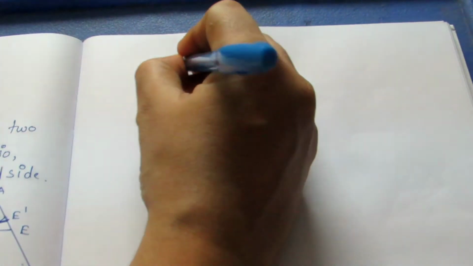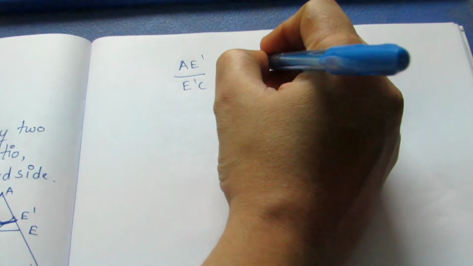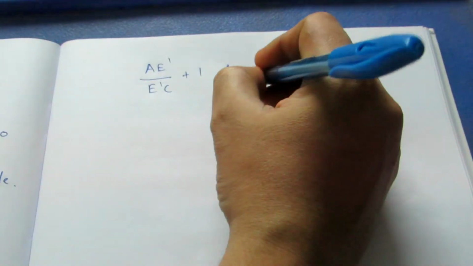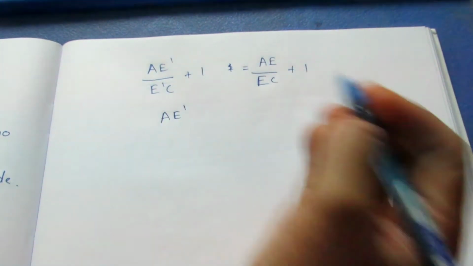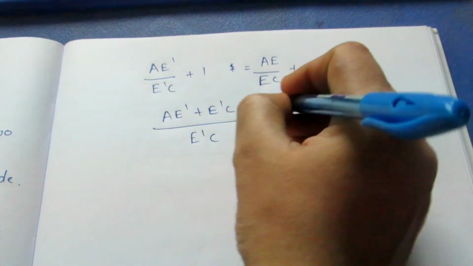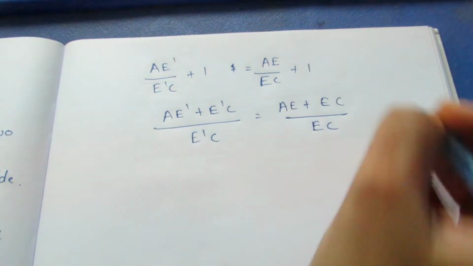Let me write it here. This is AE dash by E dash C equal to AE by EC plus 1. If I add, it becomes AE dash plus E dash C by E dash C is equal to AE plus EC by EC.